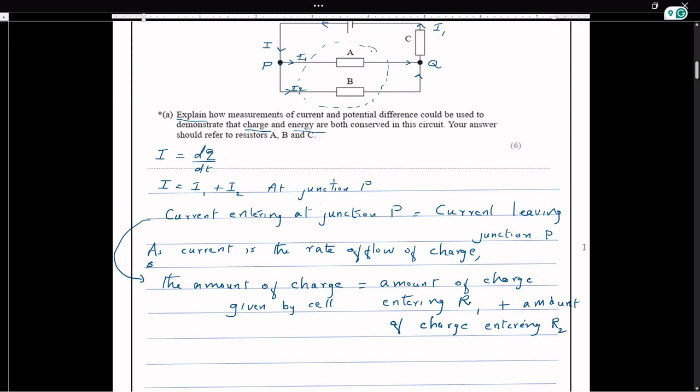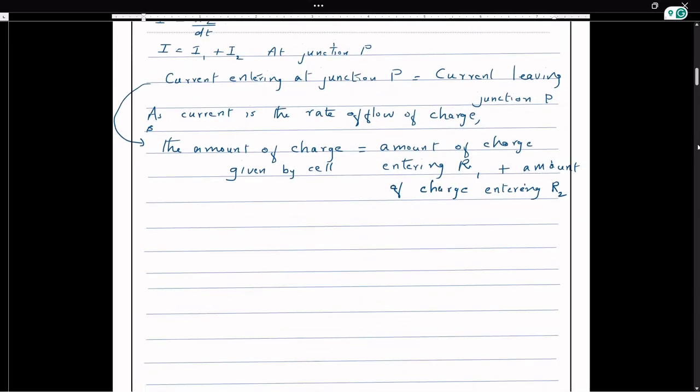So from this we can say that charge is conserved. The amount of charge entering at junction P, or the amount of charge given by the cell, is equal to the amount of charge leaving junction P, or the amount of charge entering R1 and R2. So charge is conserved.